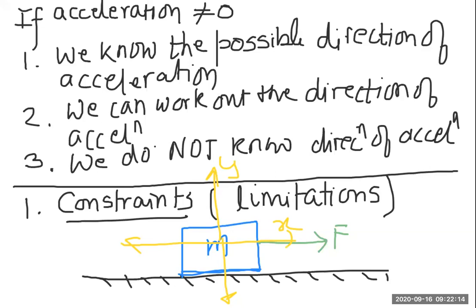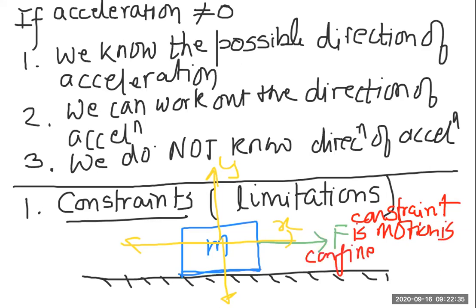If I change the situation, if I change the force, then this may change. But under the given situation, the constraint is that motion is confined to x axis. ठीक है ना? हाँ, नेगेटिव पॉजिटिव से मेरा मतलब नहीं है, मेरा मतलब है हॉरिजॉन्टल मोशन होएगा.